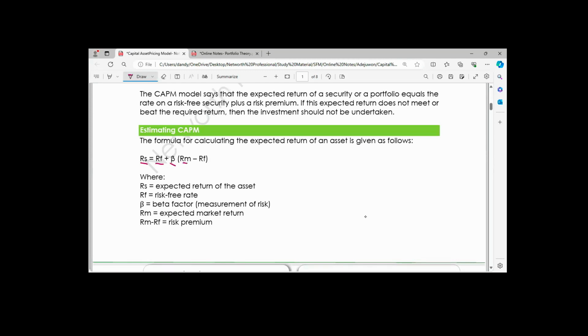The difference between RM and RF represents the risk premium. Since you already know how to calculate it using this formula, that's not our focus.